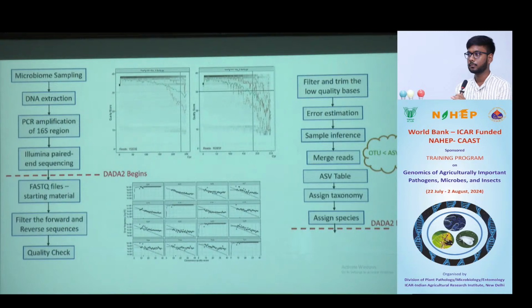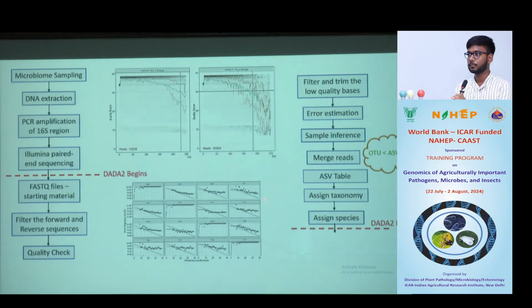But that does not distinguish well between two different species. That's why the later version, the amplicon sequence variant, can distinguish two sequences with even one nucleotide difference. That is the ASV table.